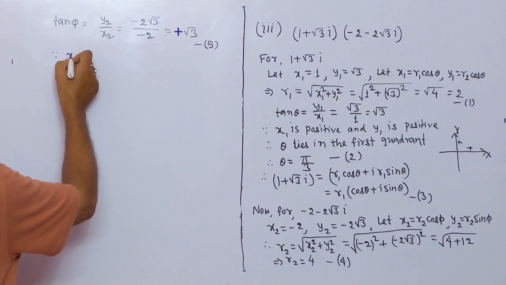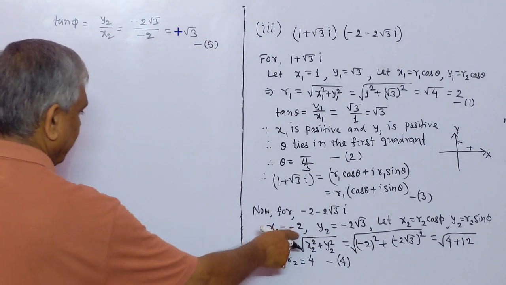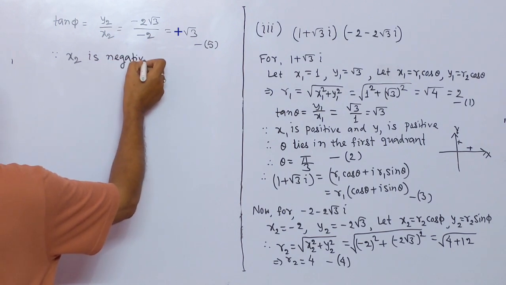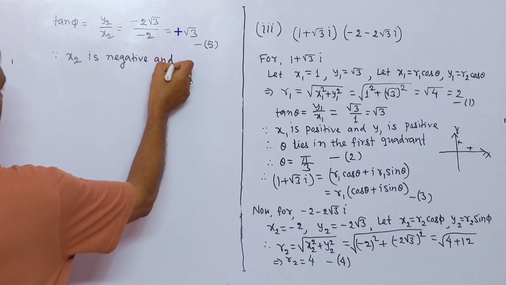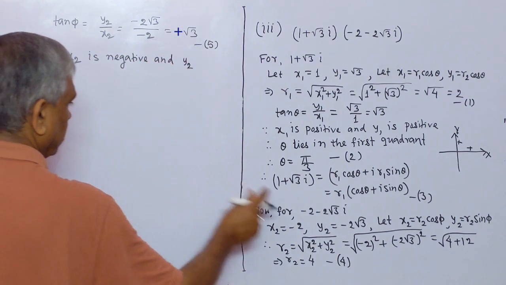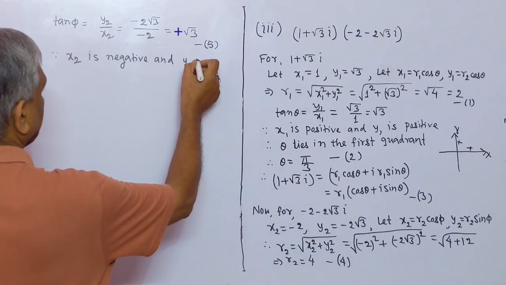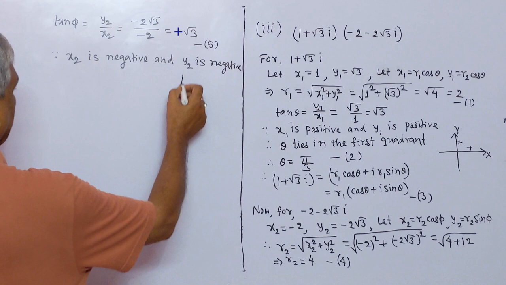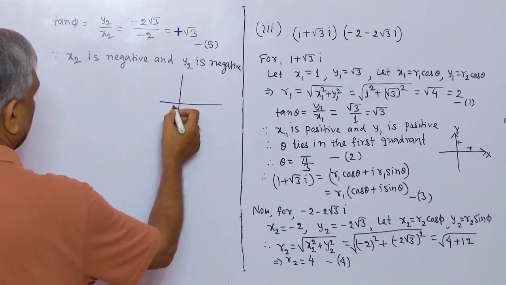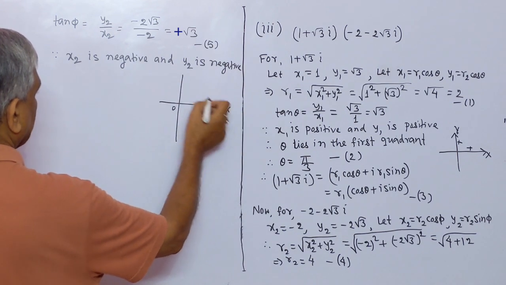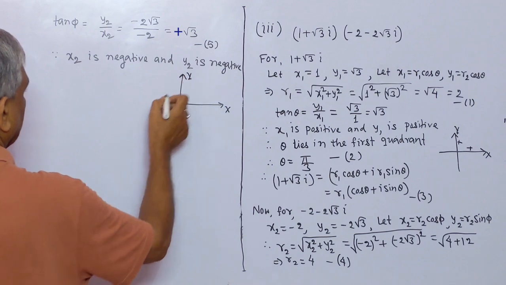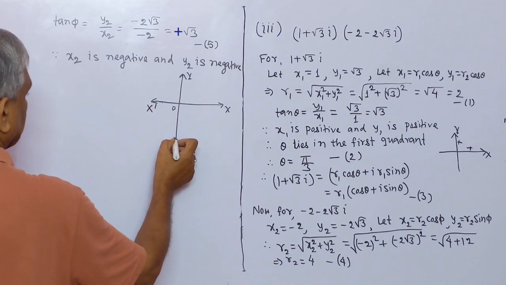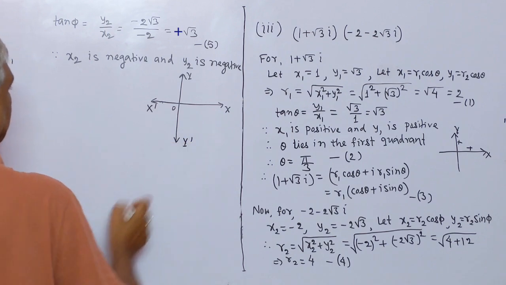Since x2 is negative and y2 is also negative. Here this is x-axis, this is y-axis, this is negative of x-axis, this is negative of y-axis.